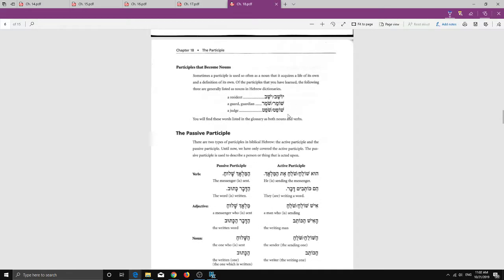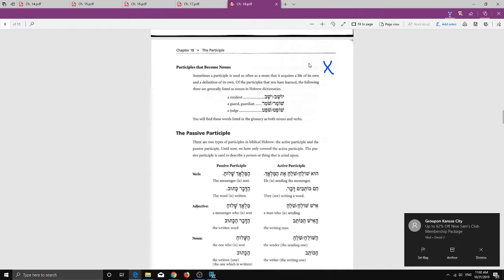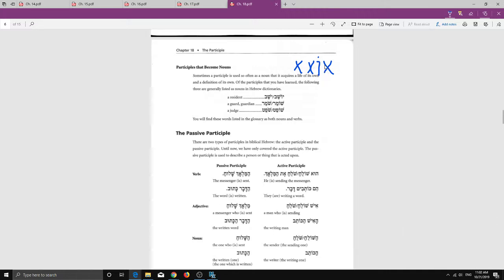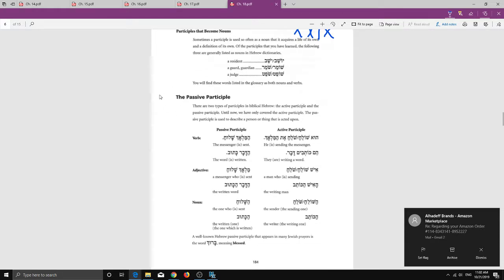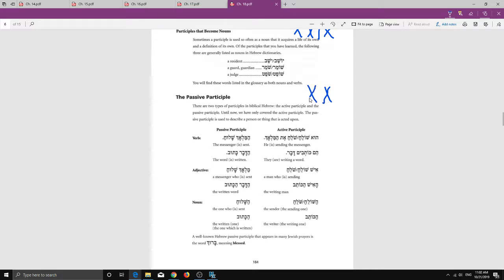So far, all of this has been the active participle. Okay, and as a reminder of earlier, the active participle has that O class vowel between the first and second root letters. I was putting it in the right place, but saying the wrong thing. Next thing we're going to talk about is the passive participle, which will take a U class vowel between the second and third root letters.